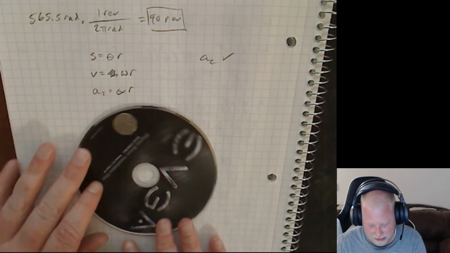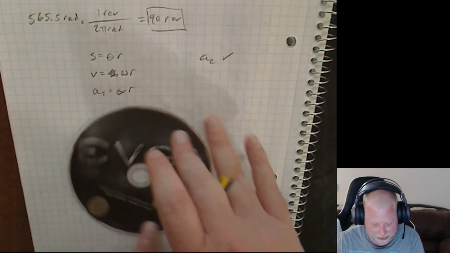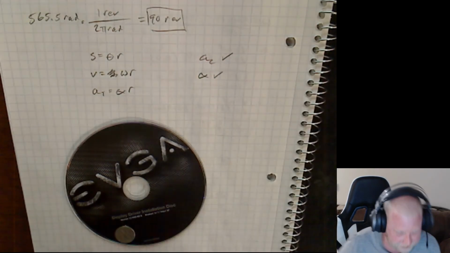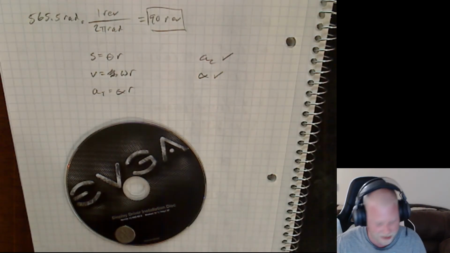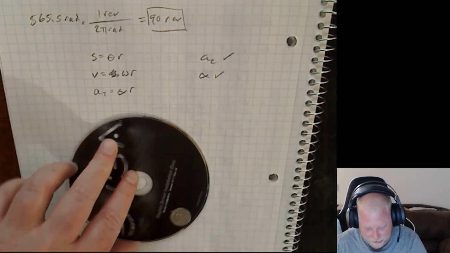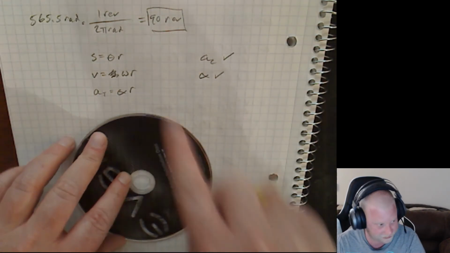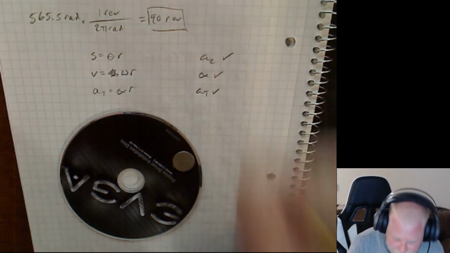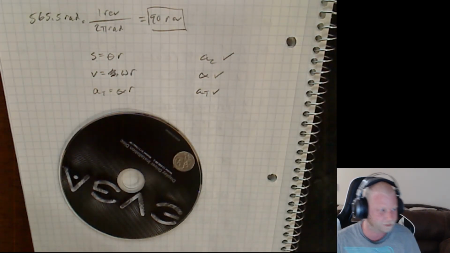Now, if this disk is speeding up, well, it's got angular acceleration. And if this disk is speeding up, this coin's linear velocity is also speeding up, which means that it has tangential acceleration.